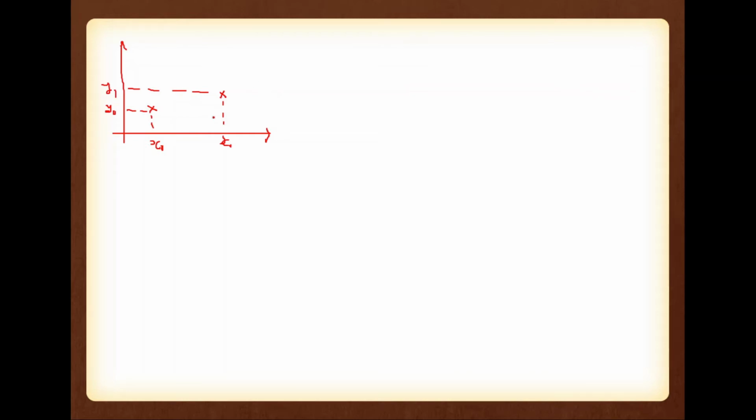So please note, what is the equation of a straight line? The equation of a straight line is (y minus y0) divided by (x minus x0) is equal to (y1 minus y0) divided by (x1 minus x0).